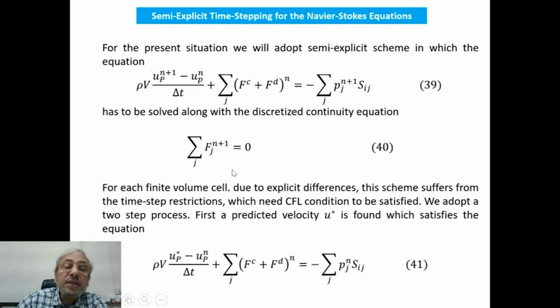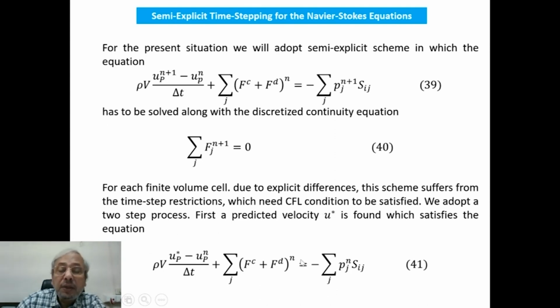Continuity equation has to be this, but at the moment we do not have the value of fj over all the confining surfaces at n plus 1th level. We know it at nth level. So at each finite volume cell, due to explicit differences, this scheme suffers from, of course, the time step restriction, etc. We have to follow the CFL condition.